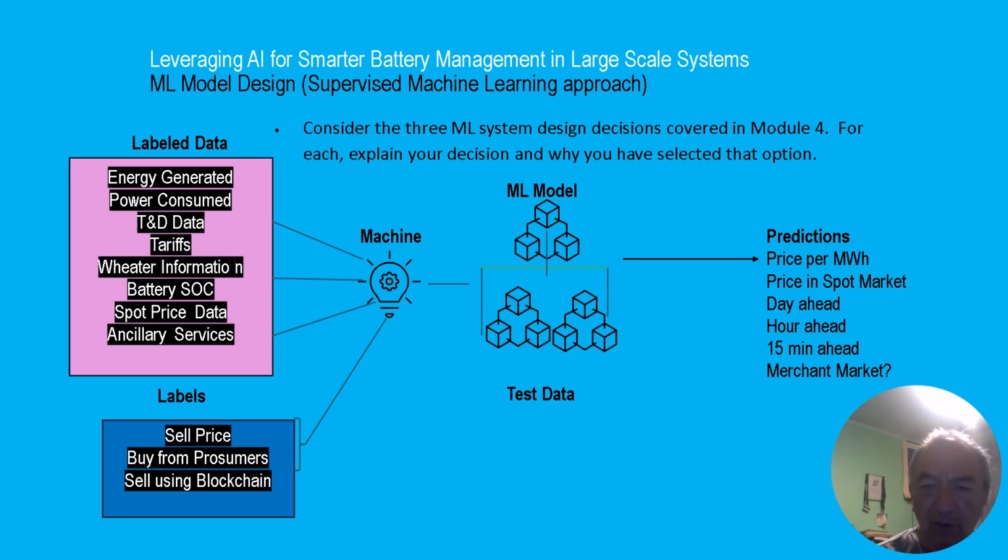And if it's attractive, we can enter the spot market in different modalities. That could be day ahead, hour ahead, 15 minutes ahead, or even enter into the merchant bank, because we can specify that we can deliver X amount of megawatts on a solid basis.